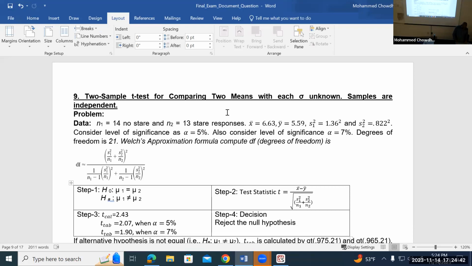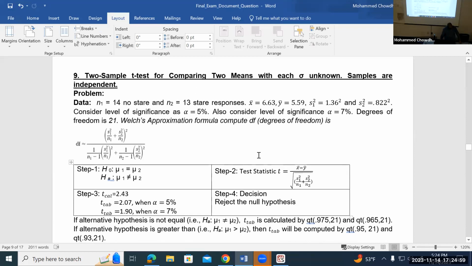And then the mean response was found, X bar, Y bar, and their respective variances S1 square and S2 square, and also sample sizes N1 and N2, which are equal to 14 and 13 respectively, and level of significance equal to 5%.